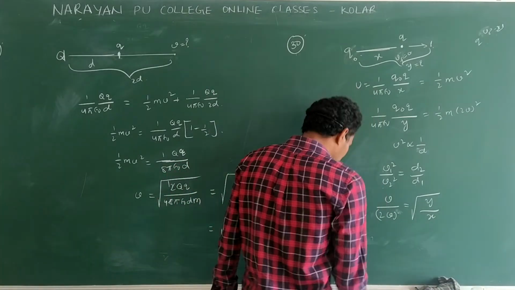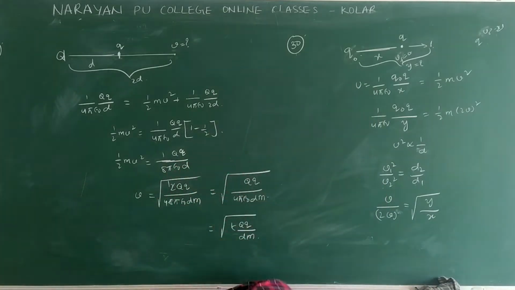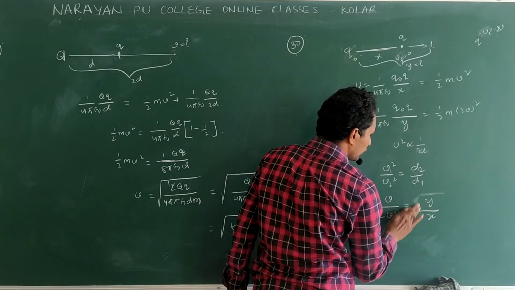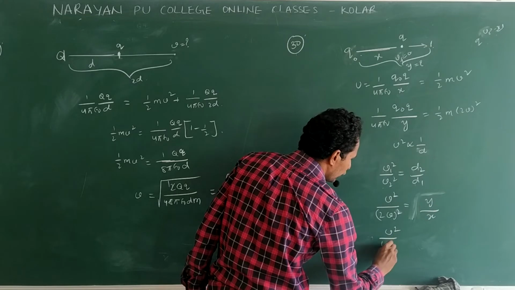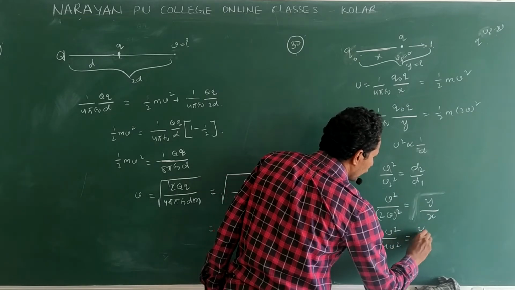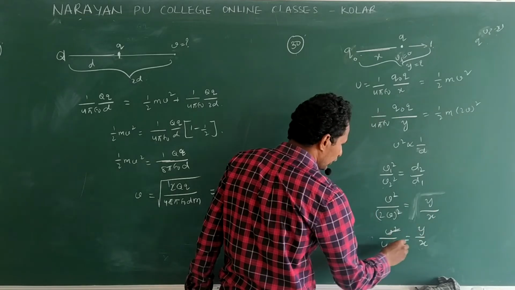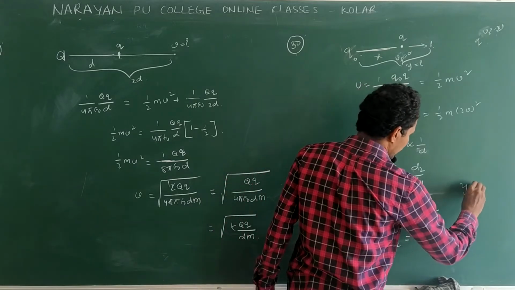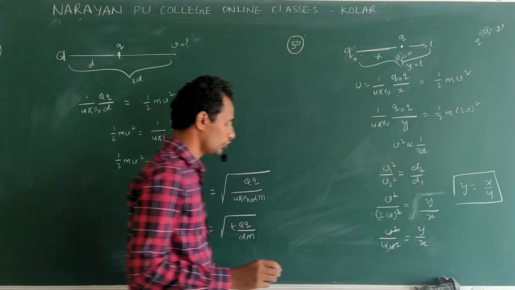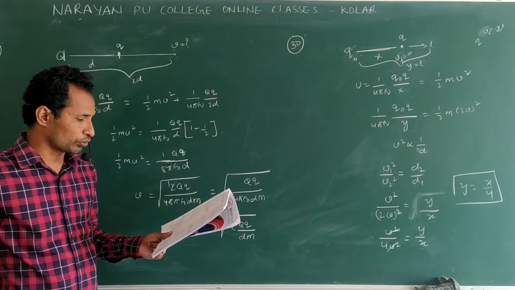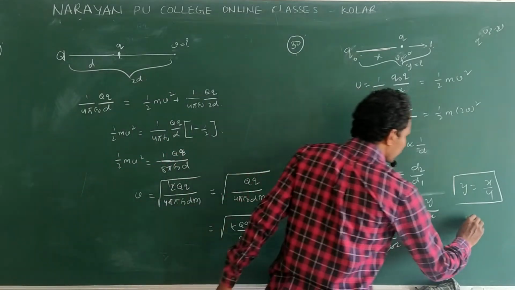To avoid confusion, keep it as square and square. This is v square by 4v square equals y by x. V square cancels. Y is equal to x by 4. So the fourth option is correct.